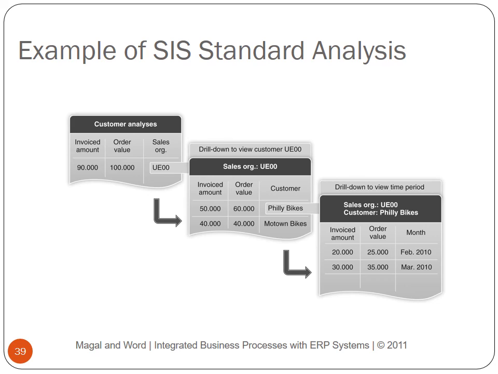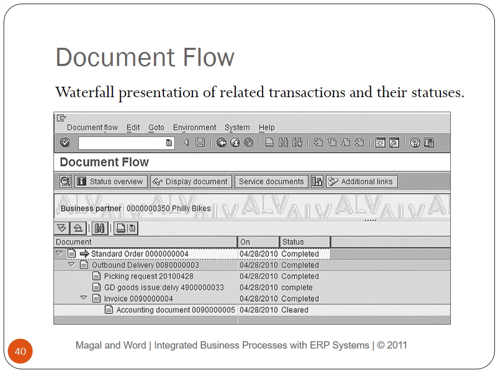These are some examples of standard analysis in SIS or Sales Information System. This is a screenshot of a document flow in a waterfall format.